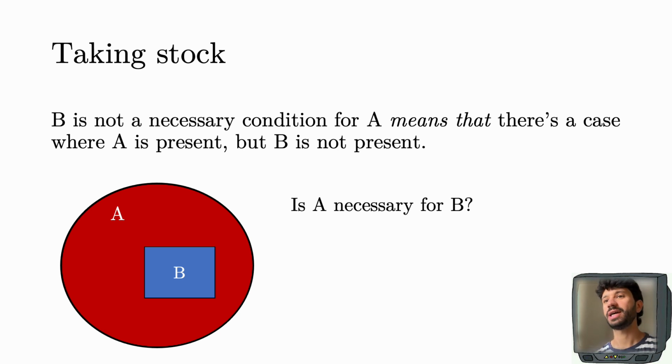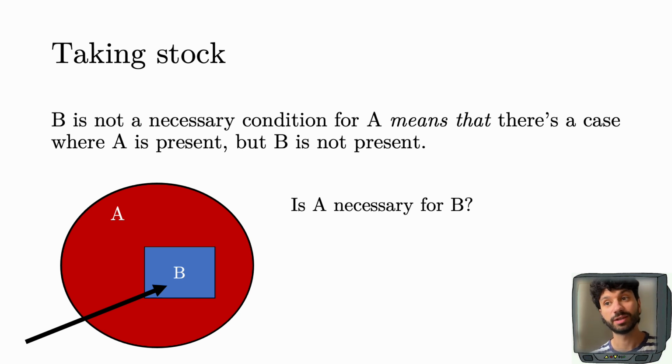So when asking, is A necessary for B, it's important to think about whether it is possible for A not to be necessary for B. What would it mean for A not to be necessary for B? Well, it means that there's a case where B is present and A is not present. Is there such a case? No, there's not, because every time that B is present, A is present.